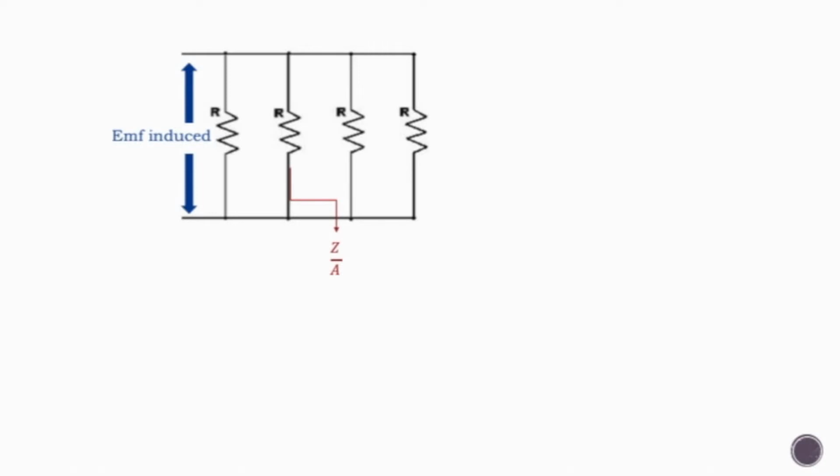So the total number of conductors are distributed in parallel paths. Effectively, Z over A conductors need to be multiplied with EMF induced in one conductor to get the induced EMF of DC generator. Therefore, the average induced EMF across each parallel path can be calculated by induced EMF of one conductor times Z over A.